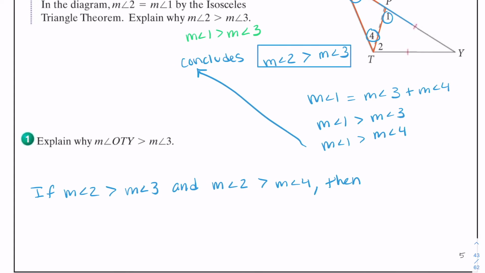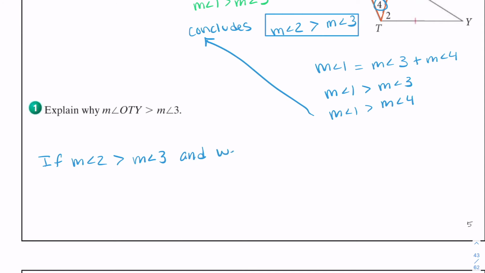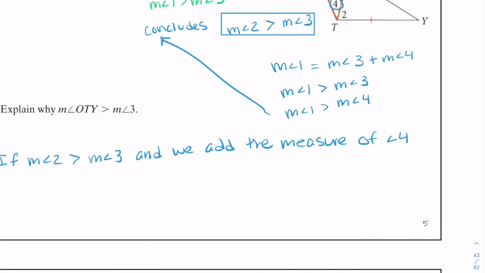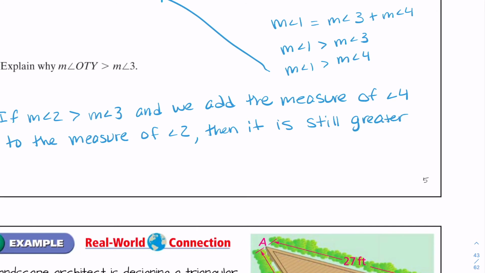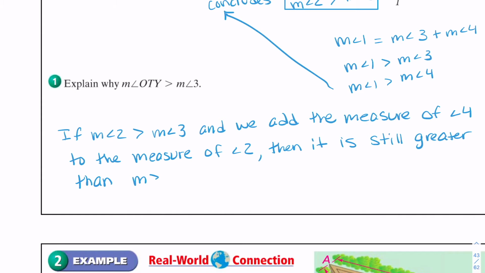Oh wait, sorry, we don't need that. If the measure of angle 2 is already greater than the measure of angle 3, and we add the measure of angle 4 to the measure of angle 2, then it is still greater than the measure of angle 3.